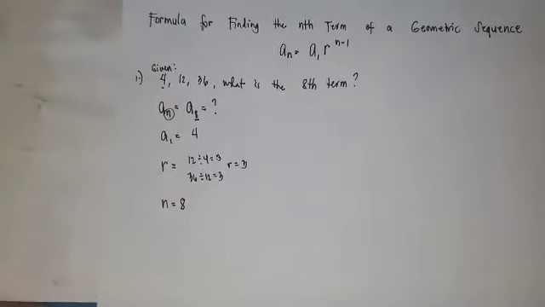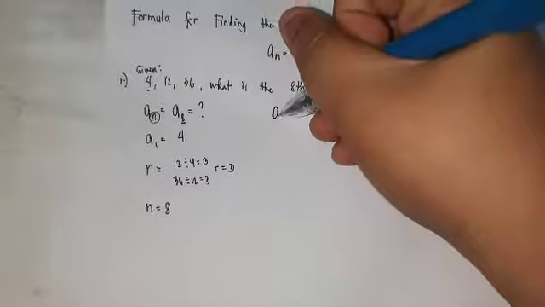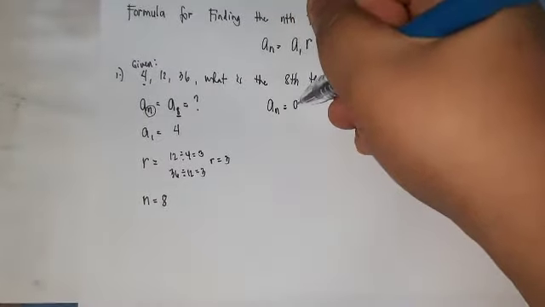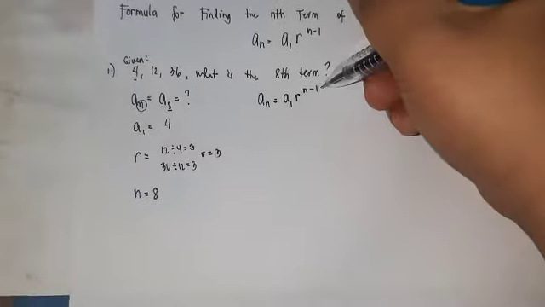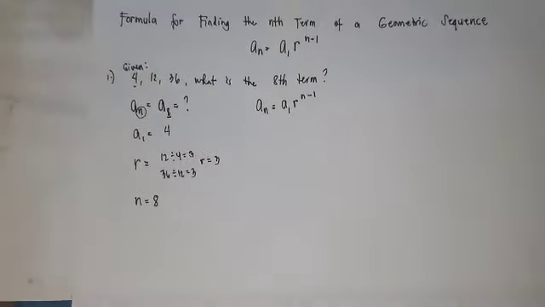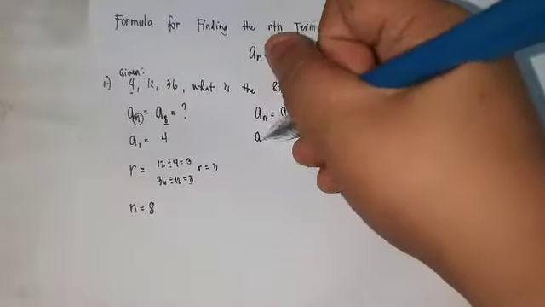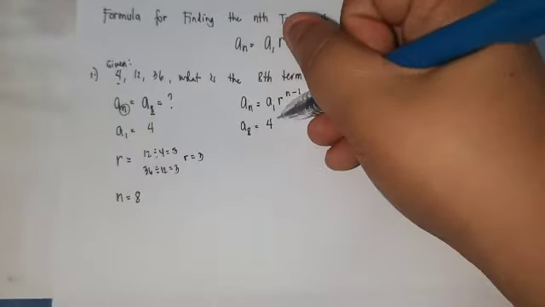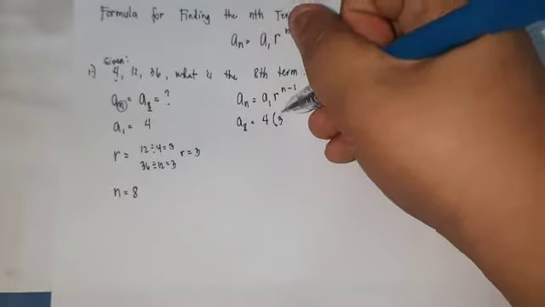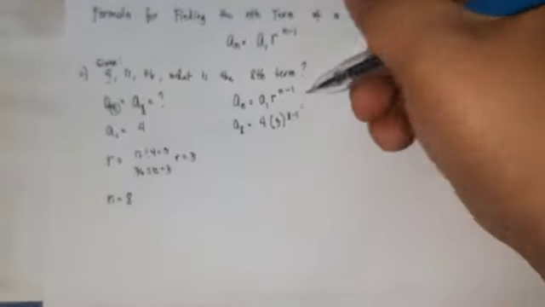Okay? So let's now use the formula a sub n equals a sub 1 times r raised to n minus 1. Let's substitute everything: a sub 8 is equal to 4 times r, which is 3, raised to 8 minus 1.